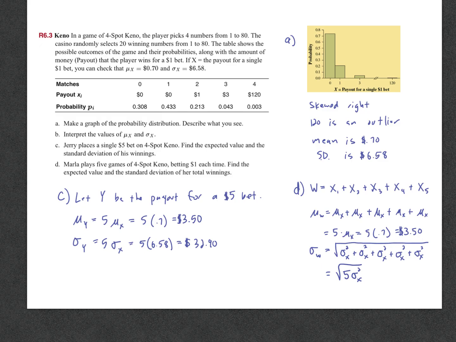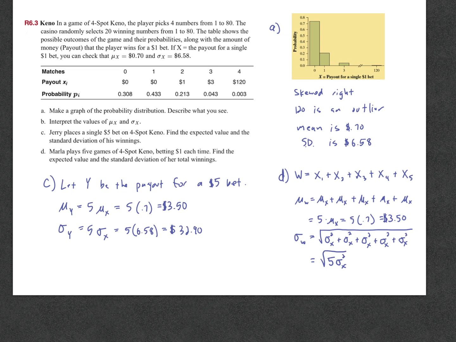Okay, and then now we can just do that in a calculator. What was the variance for X? 6.58.